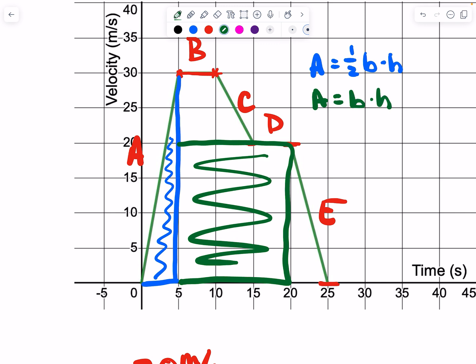So I just want to segment this velocity graph into a bunch of squares and triangles. So I got one here, and then one there.